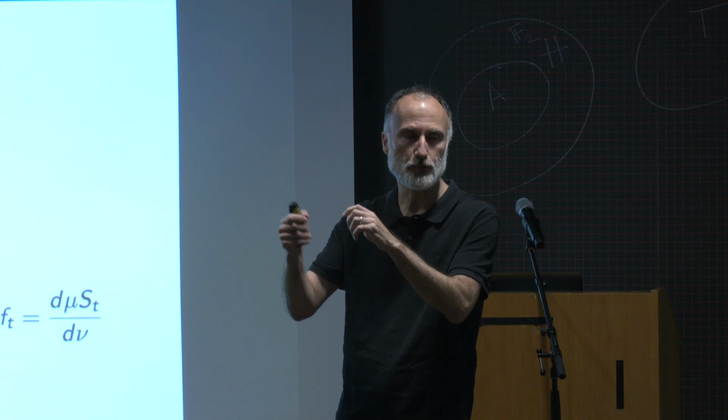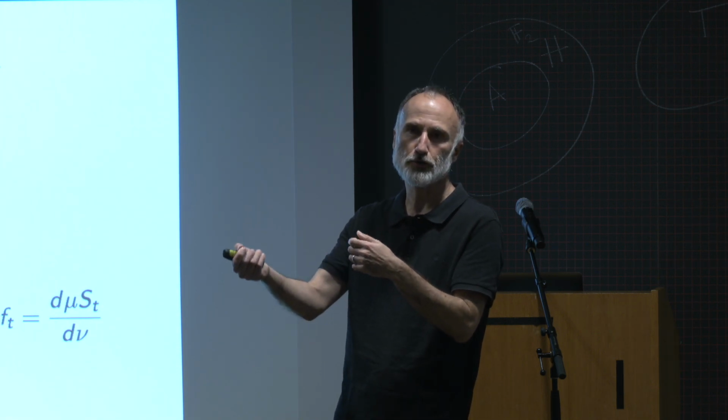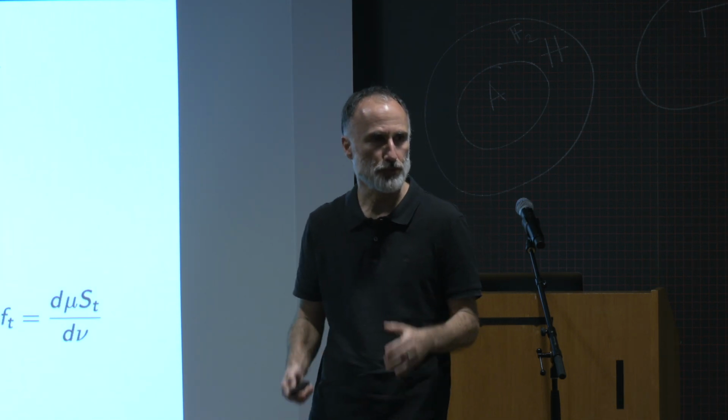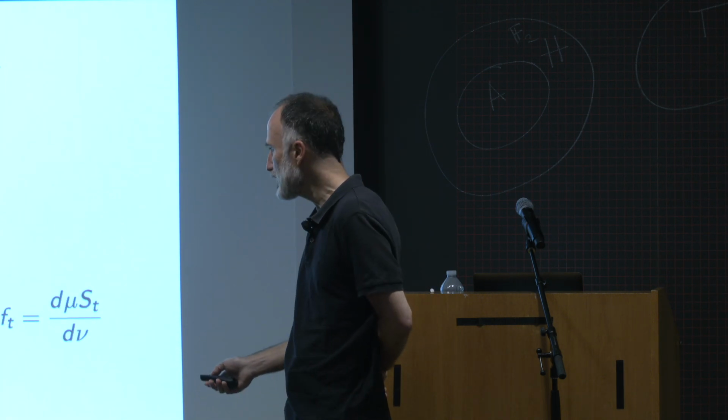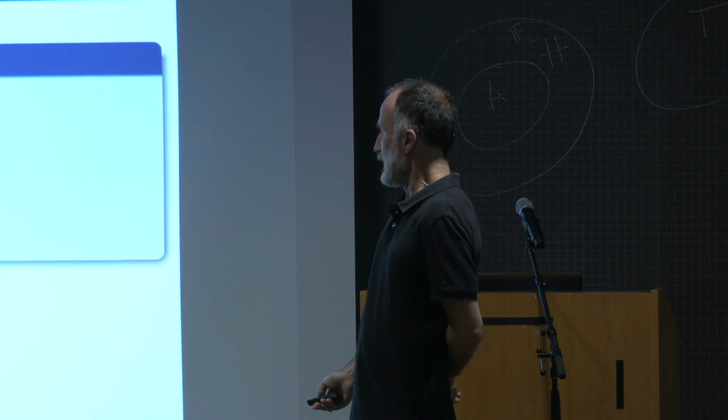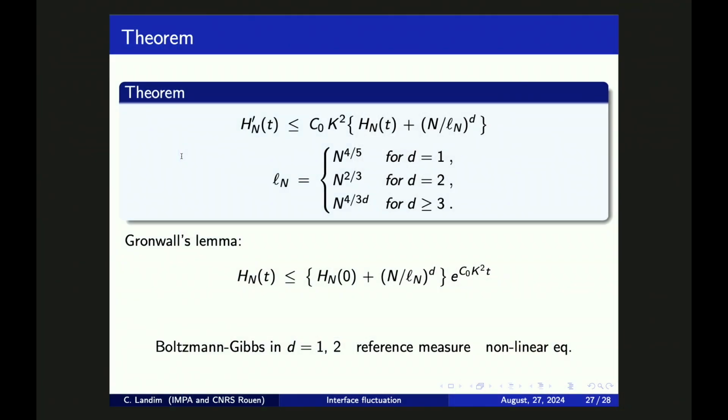You add terms that will provide higher order degrees that can kill the previous ones, and you might improve this estimate. This was done by Bodineau and Dagallier for the exclusion in contact with reservoirs, but there the stationary state is really close to Bernoulli measures. Here we are not so close, so we need new ideas.